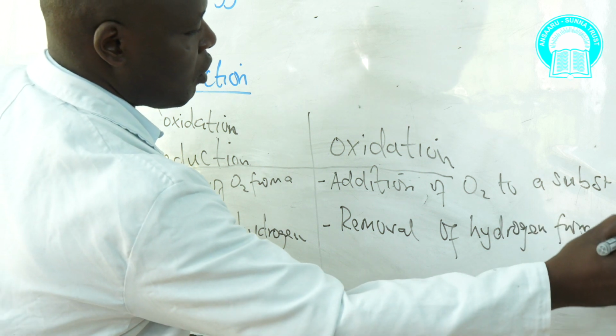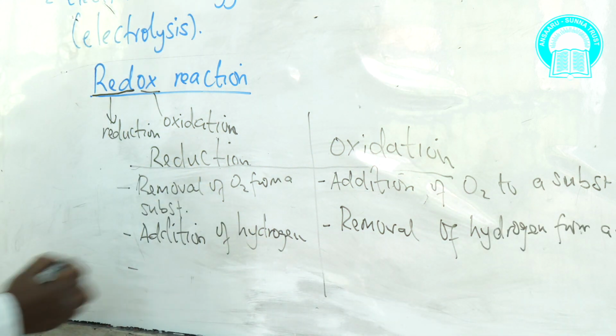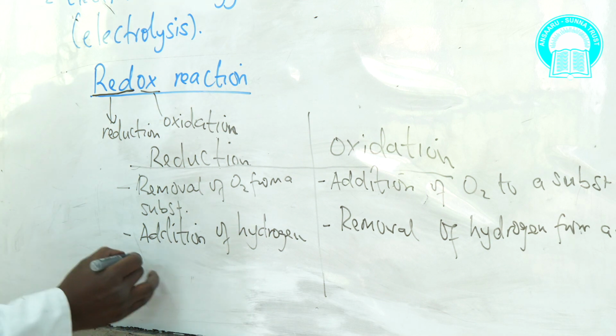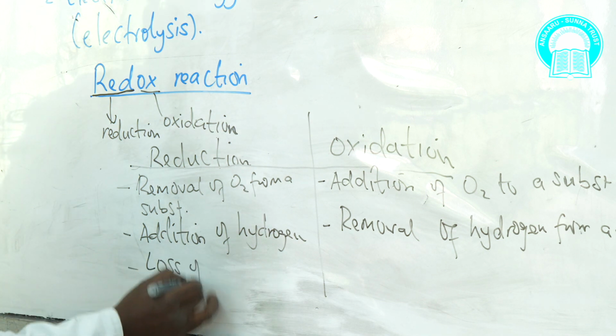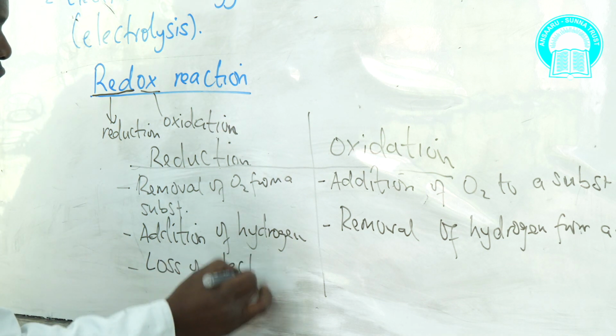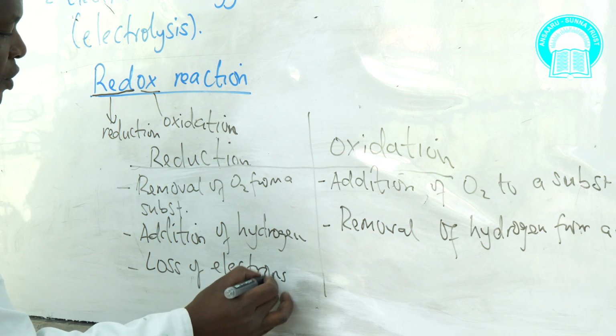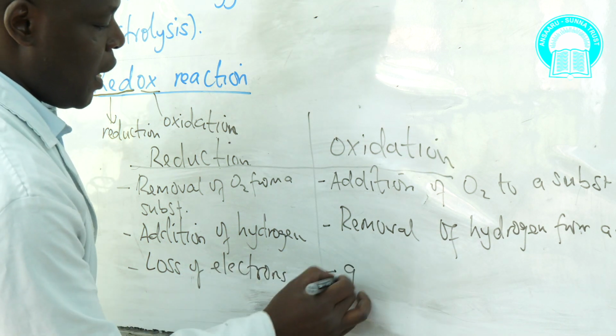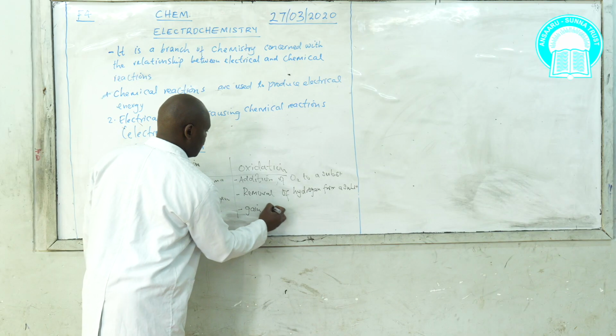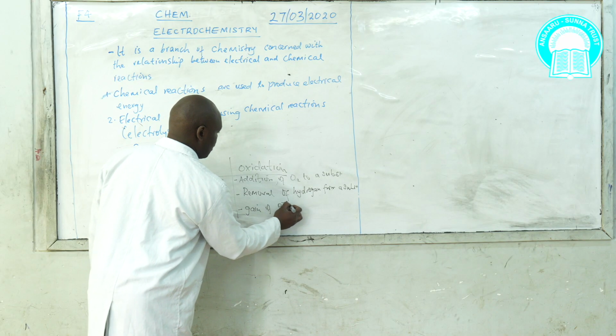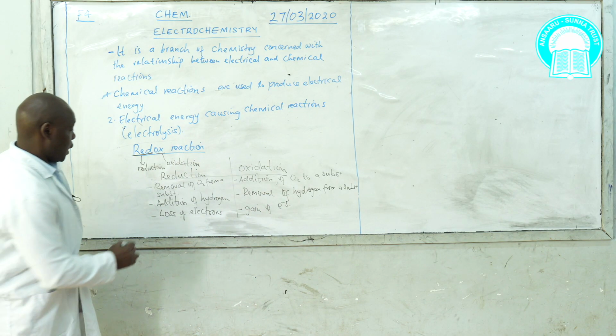Another definition for oxidation is loss of electrons. Loss of electrons is oxidation, and gain of electrons is reduction.